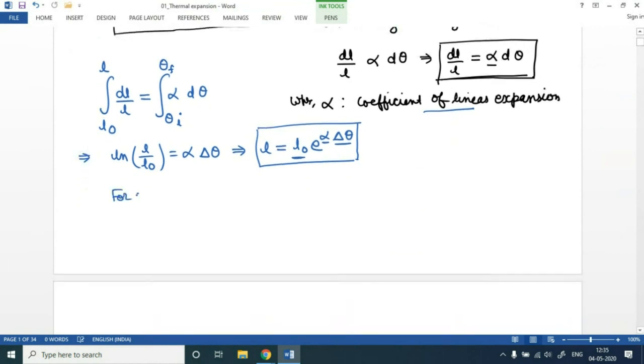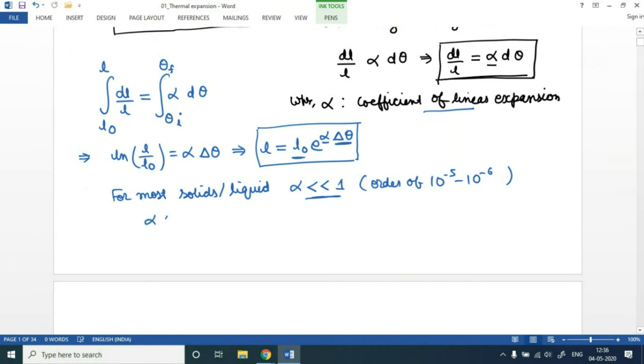For most solids and liquids, the coefficient of linear expansion alpha is a very small quantity, much less than 1, of the order of 10 to the power minus 5, 10 to the power minus 6, etc. Delta theta will also not be much greater than 100 degrees Celsius, so alpha delta theta would be very small, much less than 1.